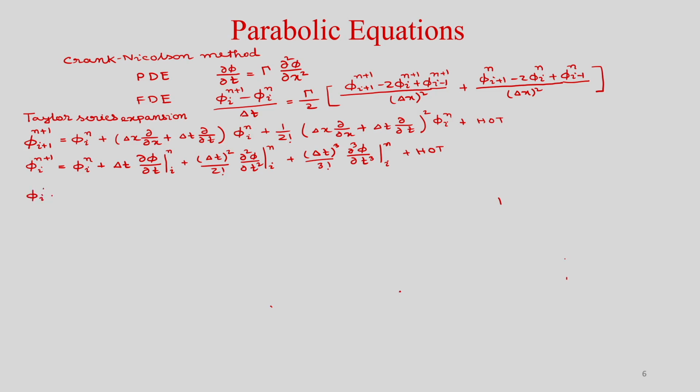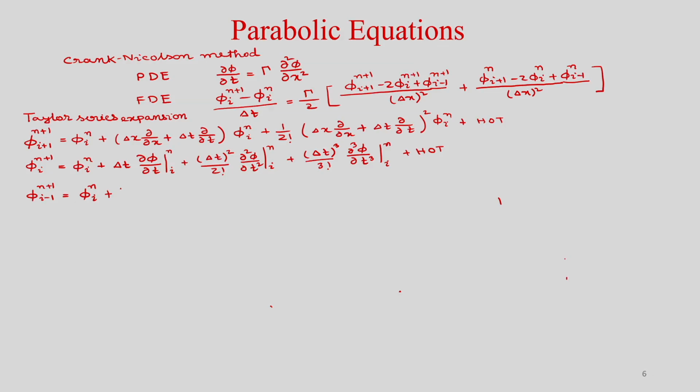Similarly, you write phi I minus 1 n plus 1. So, you will get phi I n plus, so it is for phi I minus 1, so it is x minus delta x and n plus 1 is t plus delta t. So, about x and t you are expanding.